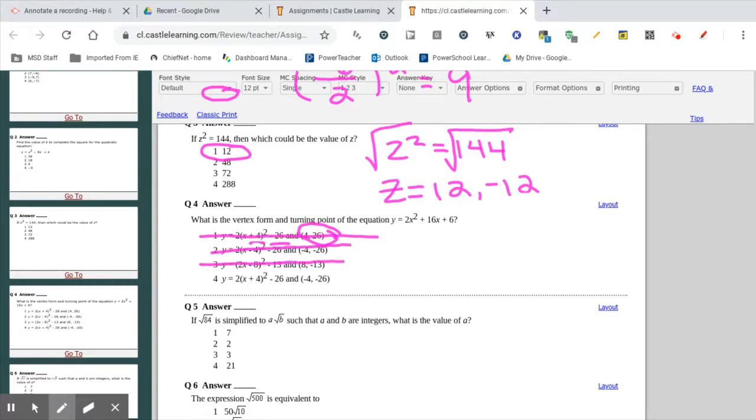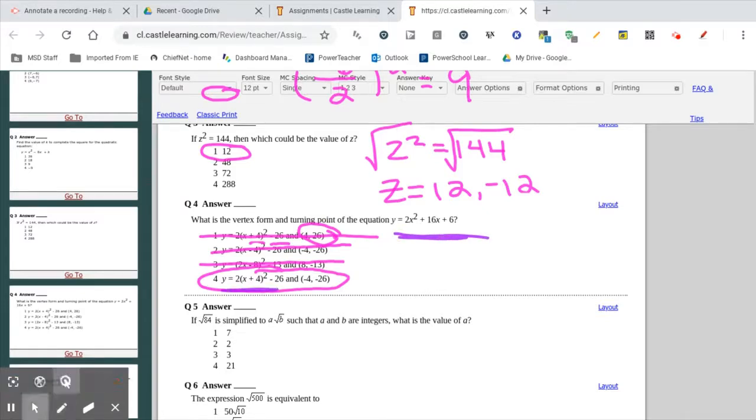And number 4, we should have negative 4 and negative 26. So without doing any work, just checking that our vertex matches with our equation, we can find the answer. So sometimes you want to just use process of elimination and you don't even have to complete the square or use your calculator. Now you can always check by putting your original equation into y1 and what you think is the solution into y2 and making sure that it checks out.